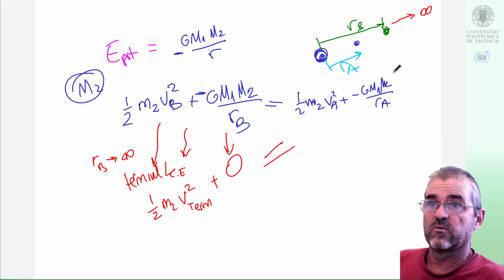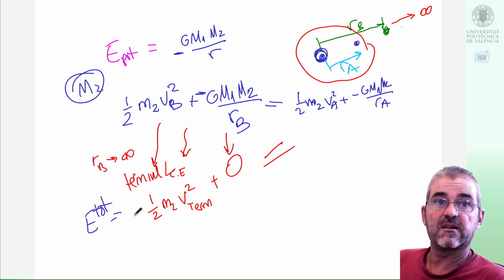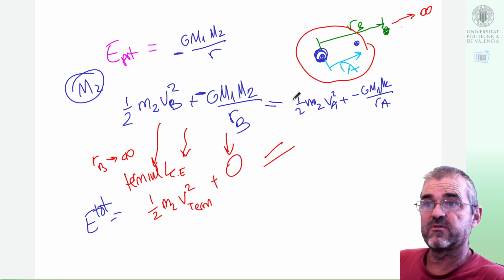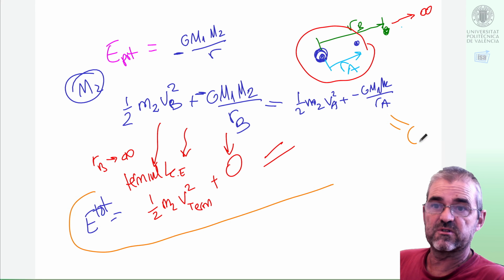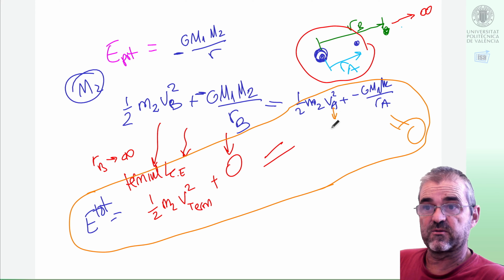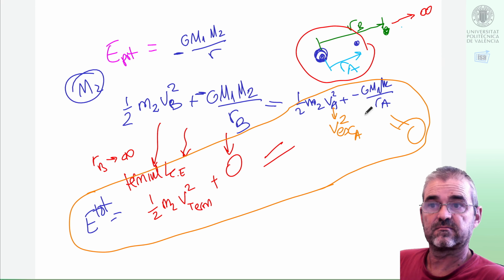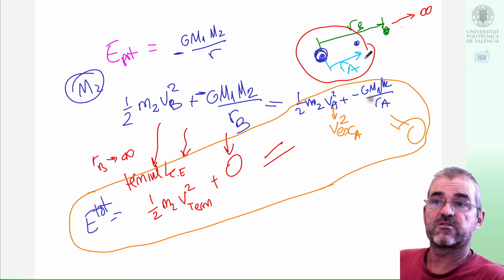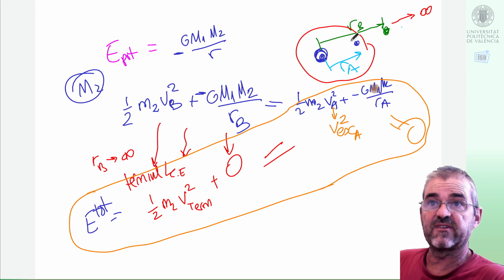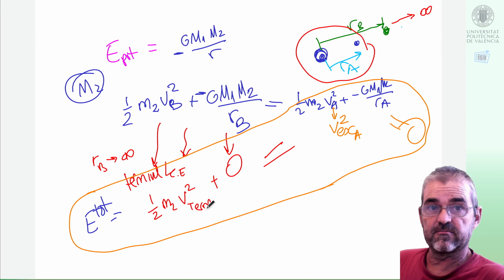When we are at a distance of configuration A, we have this total energy, and if we equate this total energy to 0, then the velocity at position A that makes this equal to 0 is called the escape velocity at distance A. It is called the escape velocity because it will have enough total energy to go far, far, far away, but when it has escaped the gravitational pull of the heavy planet, its terminal velocity will be 0.